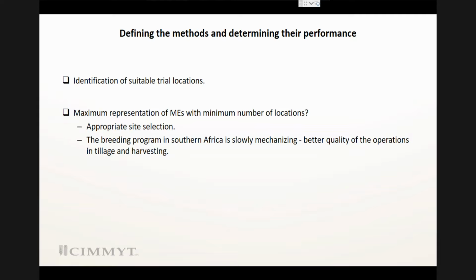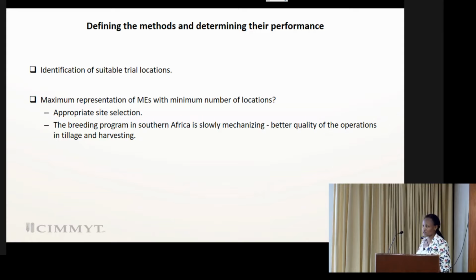So we are going to define the statistical methods, and then we are going to determine their performance in doing this G by E analysis. We are trying to identify suitable trial locations. We want to know what is the maximum representation of mega environments with the minimum number of locations. So this hence is appropriate selection.